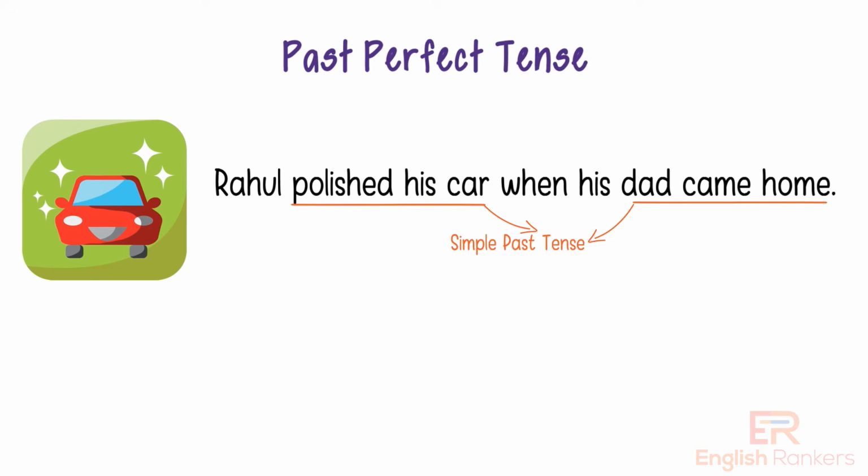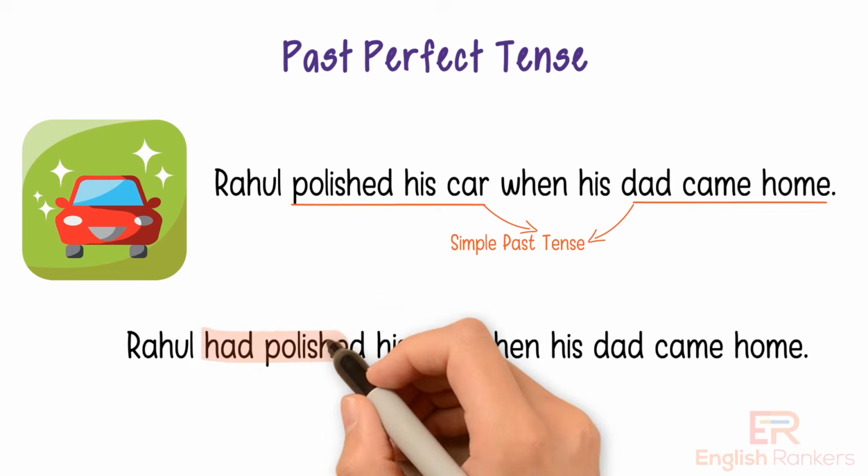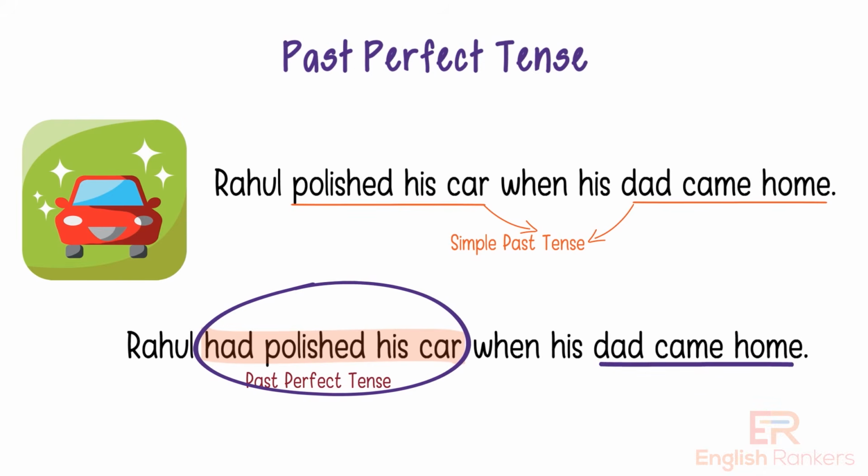Now let's look at the same example using the past perfect. Rahul had polished his car when his dad came home. We know instantly through the use of past perfect that the first event was polishing the car. Rahul did this first and then his dad came home.